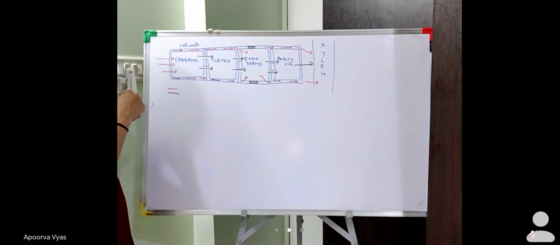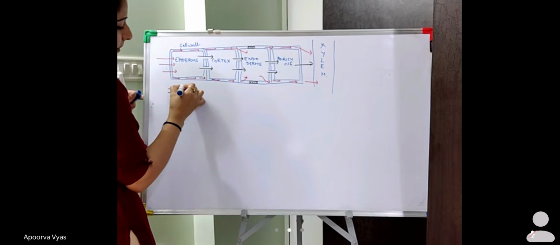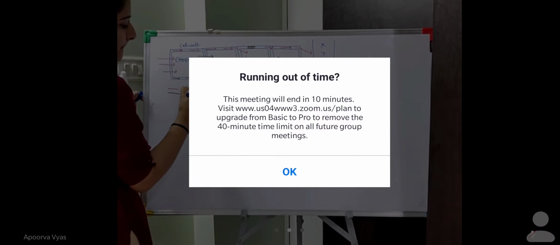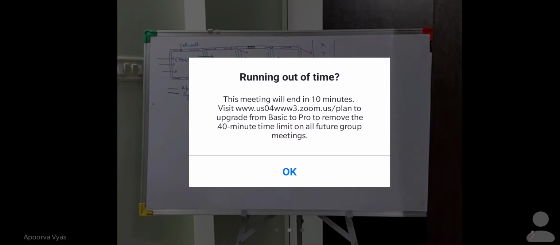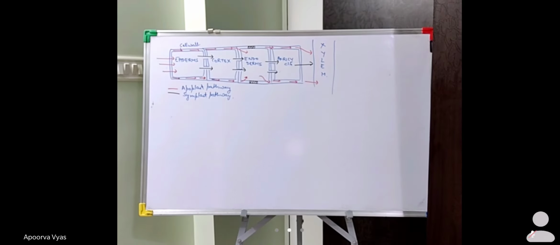So the red one is actually the apoplast pathway, and this one is the symplast pathway. ठीक है. So these are the two types of transport mechanisms through which water is actually transported into the root.